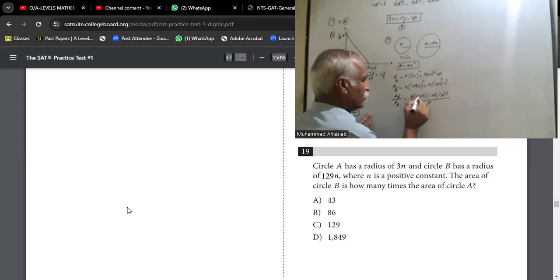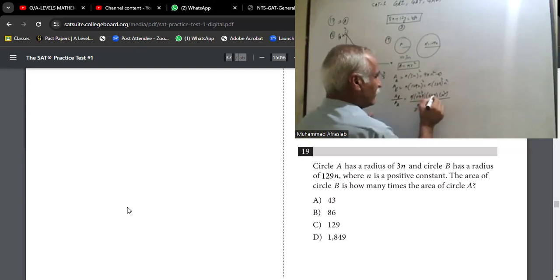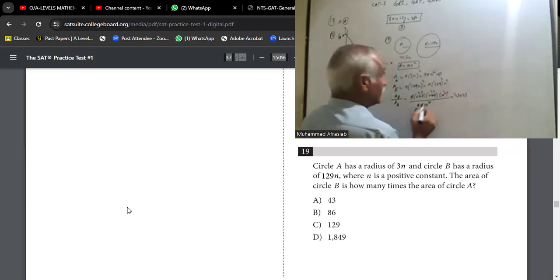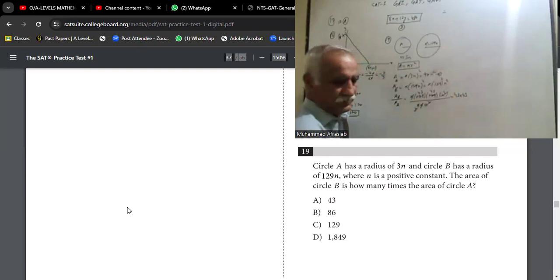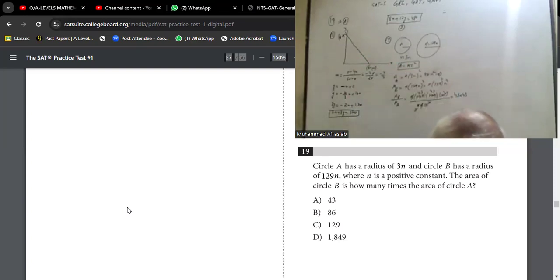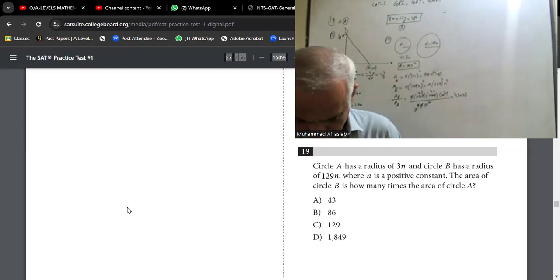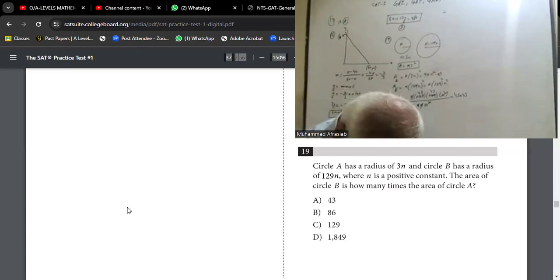3 4s are 12, 3 3s are 9. Again 3 4s are 12, 3 3s are 9. So it is 43 into 43, which is equal to 1849.